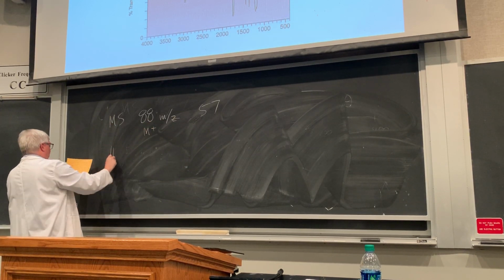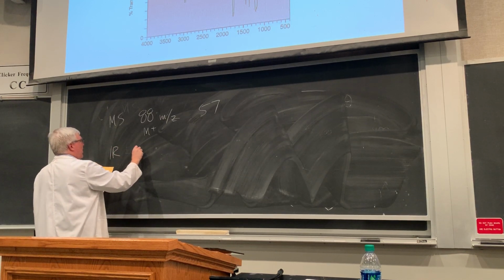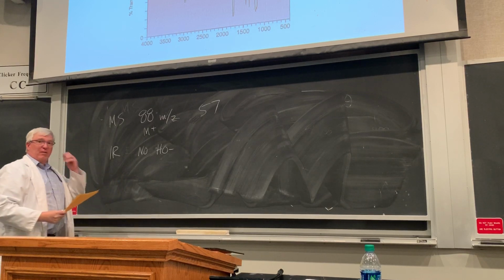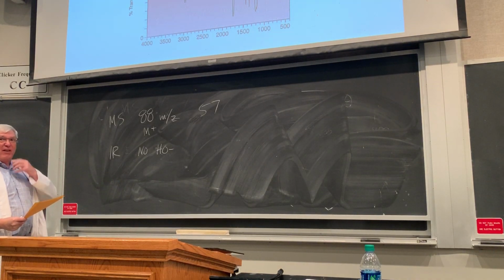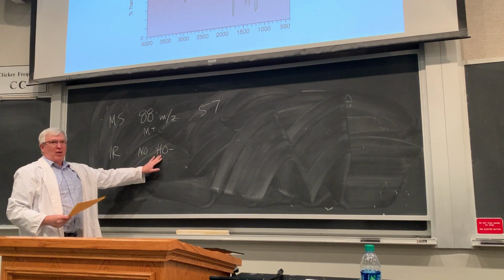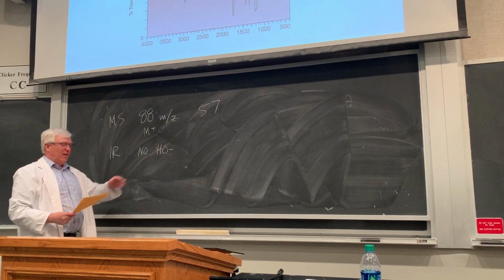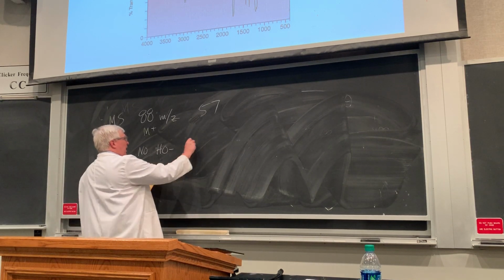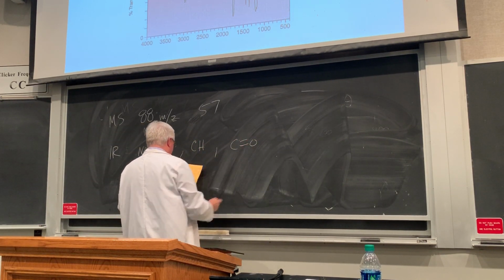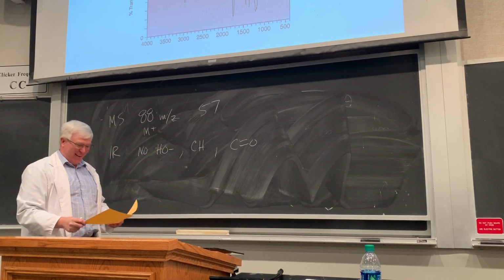And then IR, what do we have there? We have no OH. Why? Because there's nothing at 3,300, no big broad peak. So we don't have an alcohol, we don't have a carboxylic acid. That's what that tells us. We've got a lot of CH, yep, and we've got carbonyl. And that is it, okay?